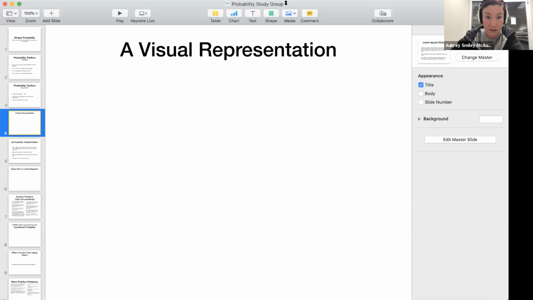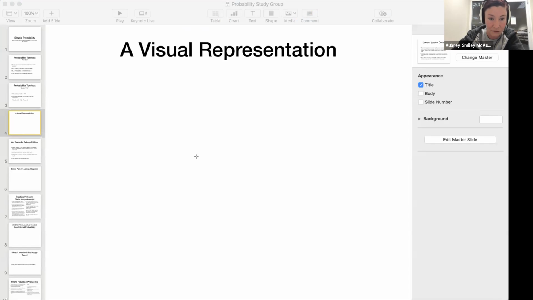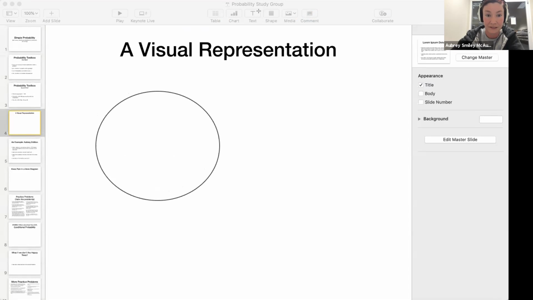All right, so let's show you what I'm talking about here. And it's time to draw a little bit. So we're going to do this classic Venn diagram. So we're going to have A and we're going to have B. And then on the outside of A and B, we're going to have the rest of the set.